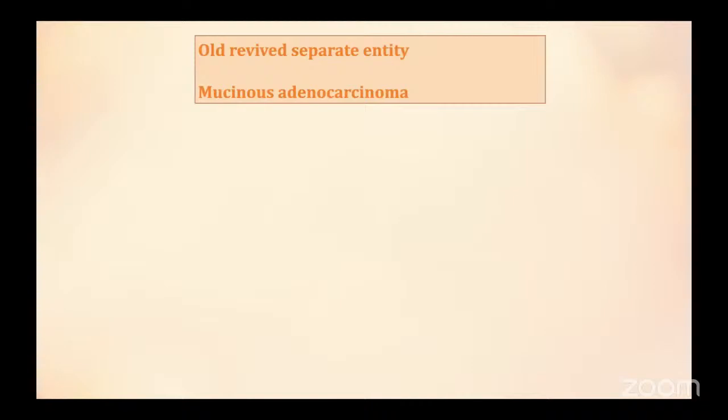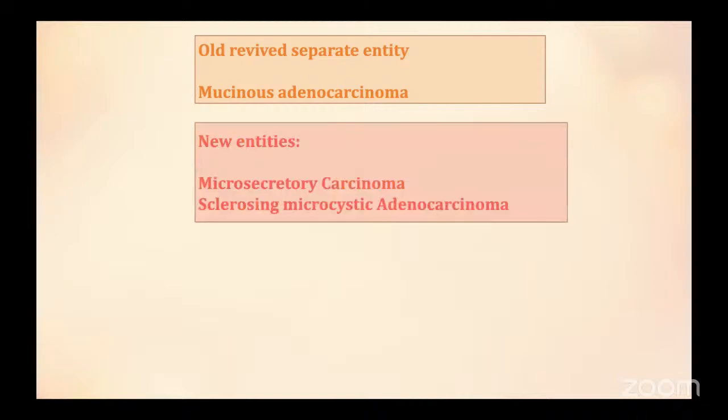Mucinous adenocarcinoma, which lost its separate identity, has been revived, and it has been given a separate entity in the adenocarcinoma group. The 2 new entities which have been included are the microsecretory carcinoma and the sclerosing microcystic adenocarcinoma.